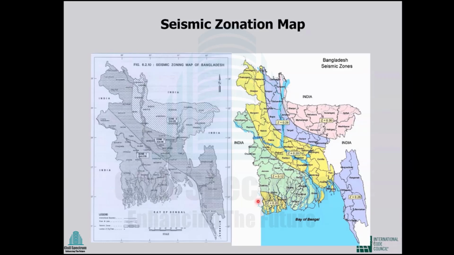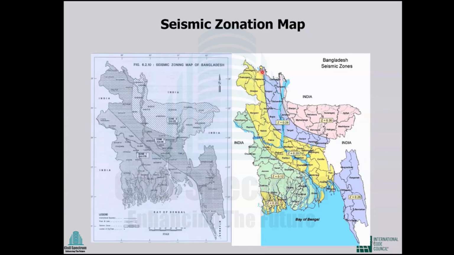So Zone 2 is in two separate, disjoint areas. So why is it so? Because recently geologists are saying that there is an epicenter near Calcutta. So that increases the seismicity of this part.